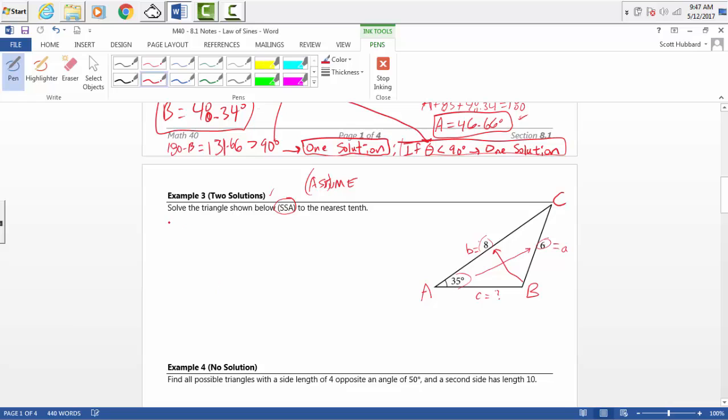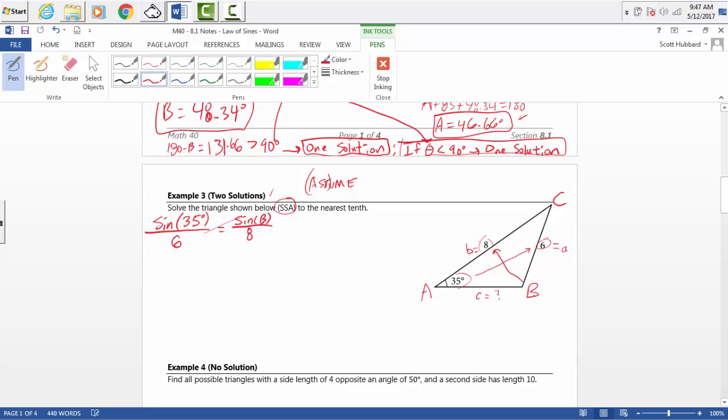So let's say sine of 35 divided by a, which is 6, has to equal sine of B divided by 8.